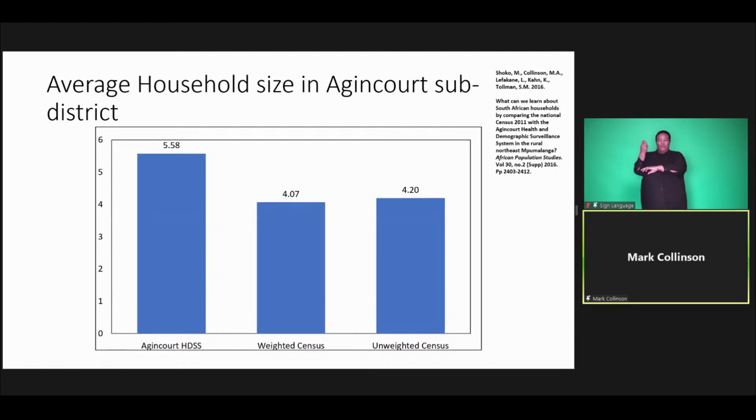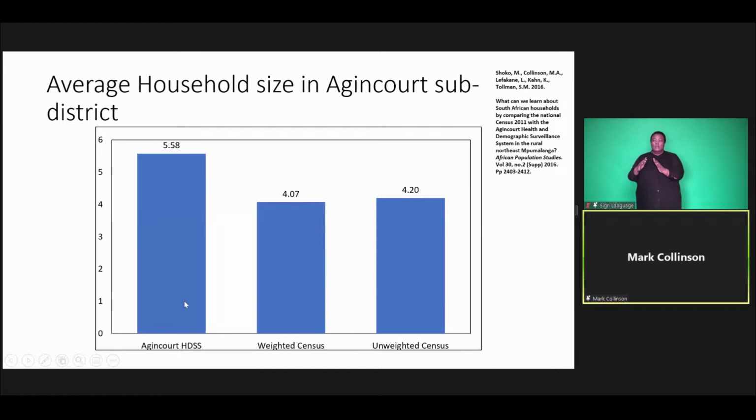Here's the triangulation. This is straightforward, but it's so interesting, and I think this is going to help us in our integration. Within the Agincourt area that I just showed you, when we look at the national census in 2011 and those exact enumerator areas in which the HDSS is working, the average household size using the weighted census is 4.